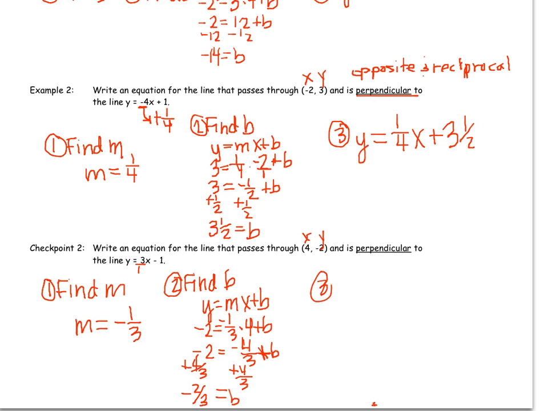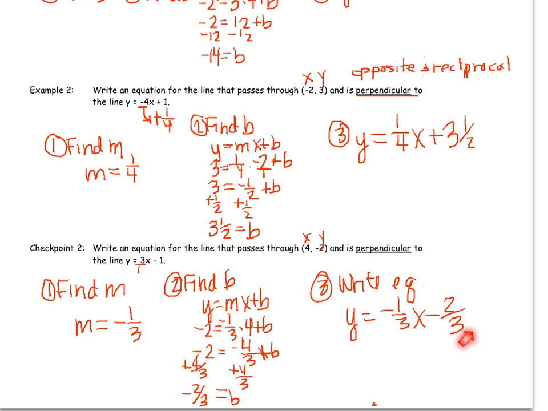And then step 3 is to write your equation. That's y equals m, negative 1/3, x minus b, 2/3. Now one thing you can do to check these, which would be a great idea, is once you've got this equation, you can take your y and plug it in here for y, and take your 4 and plug it in here for x, and check it.